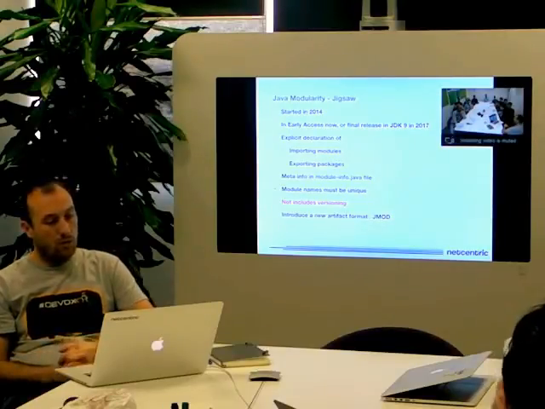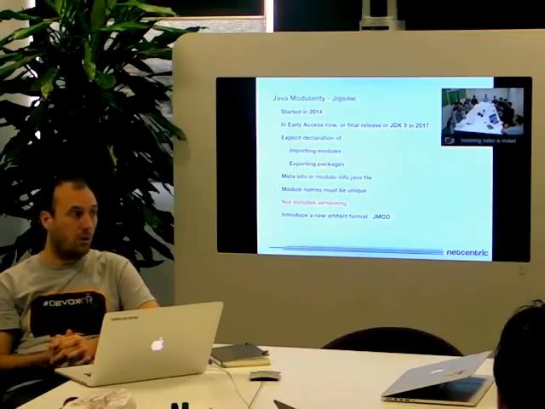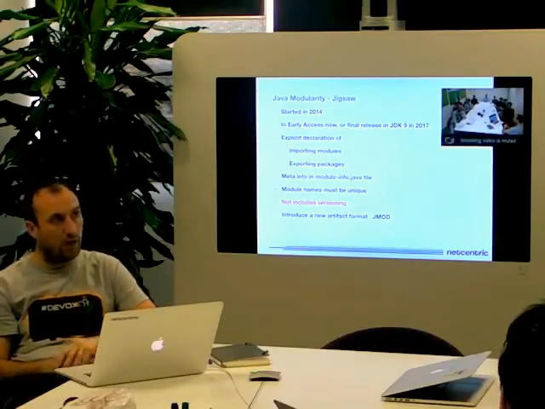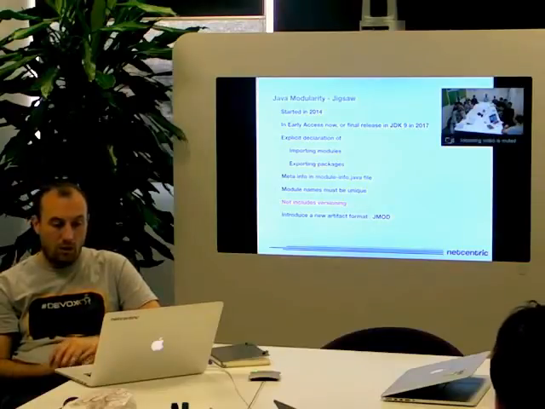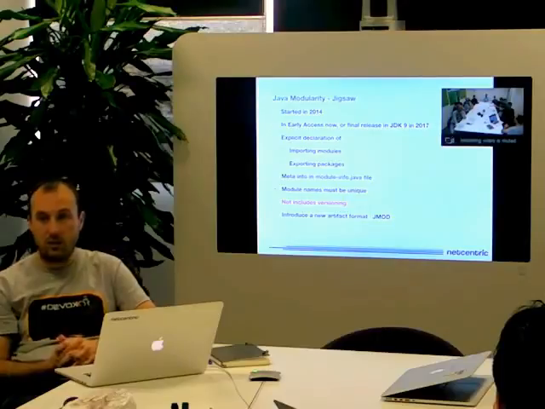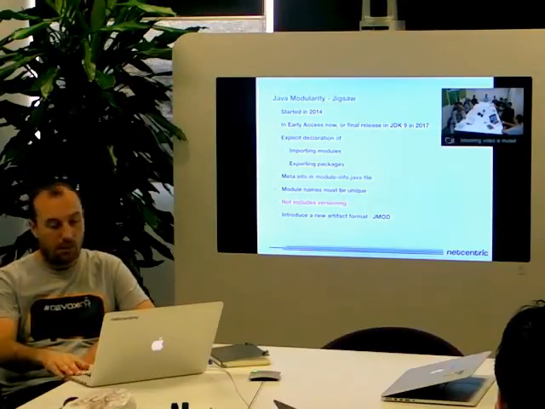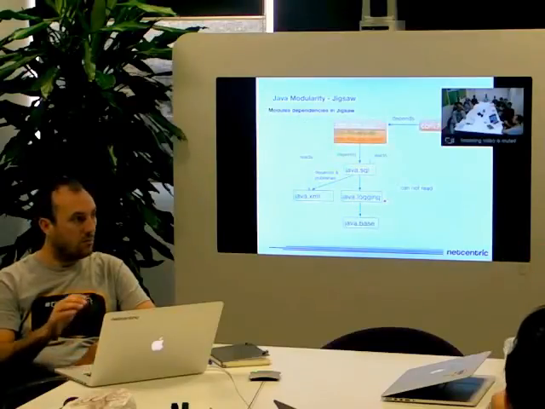Also, it will include a new artifact format, JMOD, that will include everything related with a module. So there we will include jar files, config files, and documentation just to deliver modules as a package. Did they say why they didn't include version?